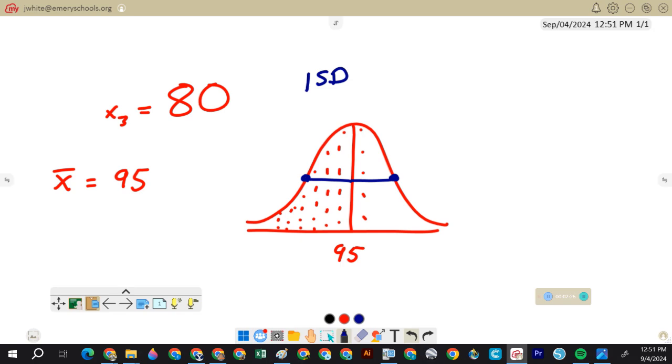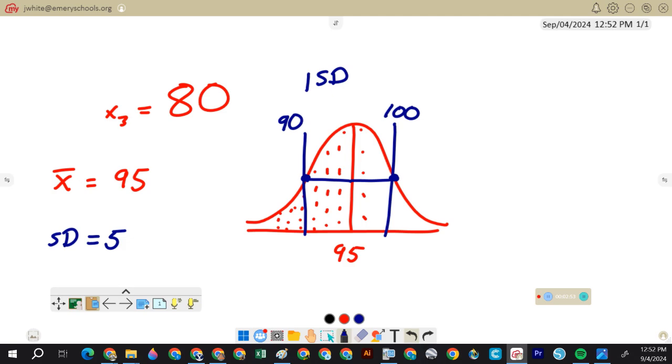And standard deviation is something that we can calculate once we have everybody's scores. So let's say that the SD of the class was 5. That means that most of the people in class scored somewhere between 90 and 100 points. In fact, about 68% of the class should score within that window.